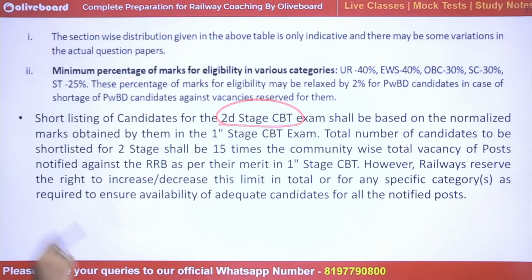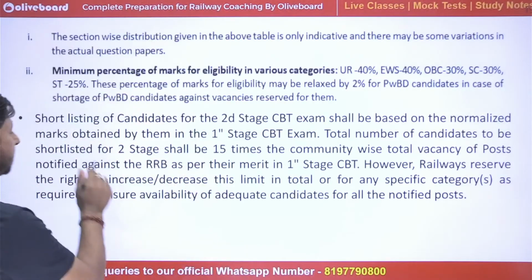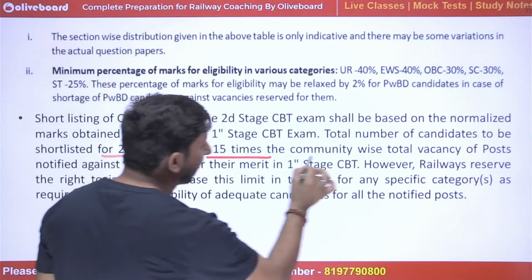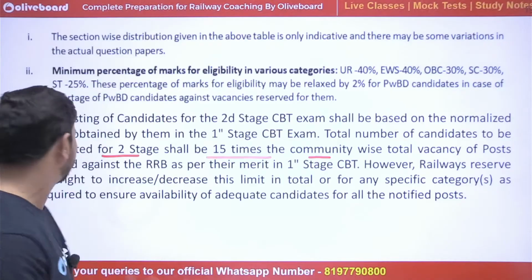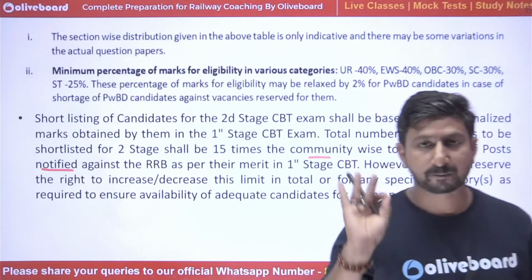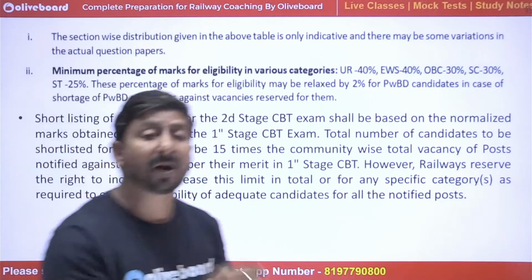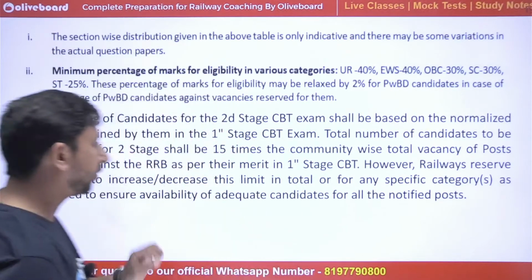The number of candidates for the second stage is 15 times the community-wise total vacancy of the post notified against the RRB as per their respective zone. So 15 times the candidates will be called for the second stage CBT.